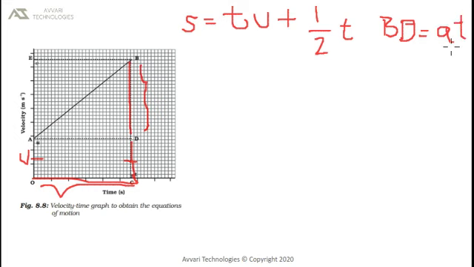BD is equal to AT. So the base AD is equal to OC, this time interval. These are equal. So the length of AD is equal to T, the time interval, and the height is BD.